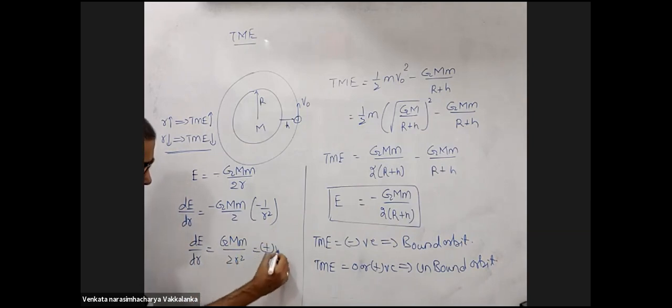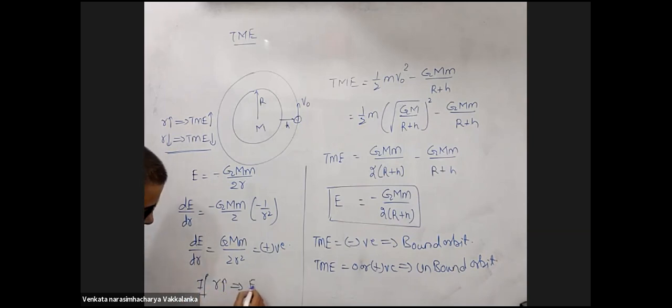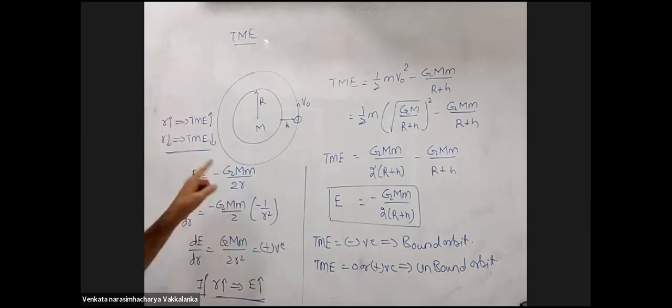This is positive. What is the significance of this positive? If r increases, energy also increases. If r decreases, energy also decreases. We will use this concept in one or two problems from the next class. Remember this. Don't forget this.